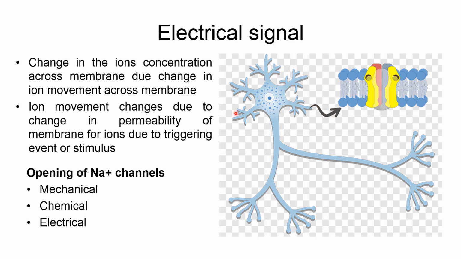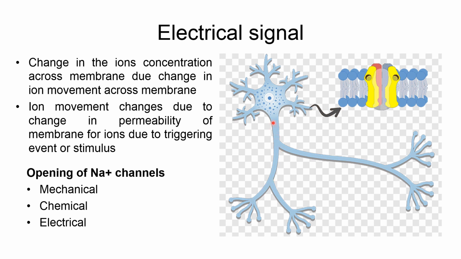And if they are receiving electrical stimuli, then these channels would be electrical gated channels or voltage gated channels. So the dendrites have sodium gated channels. The muscle cells also have sodium gated channels.